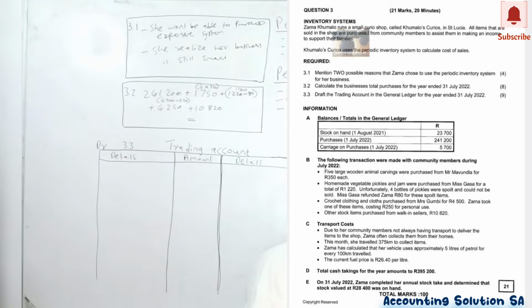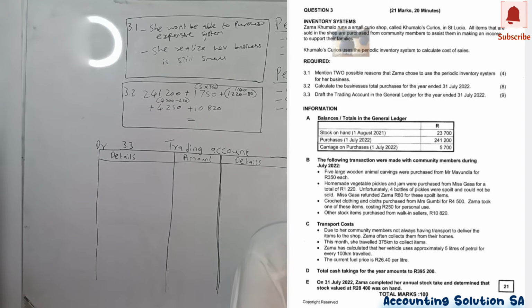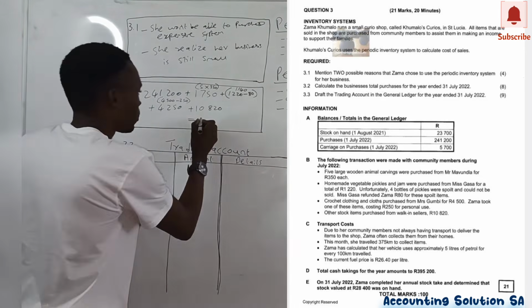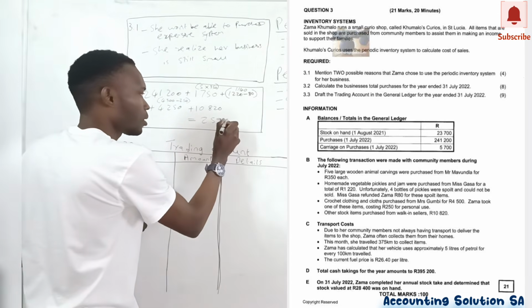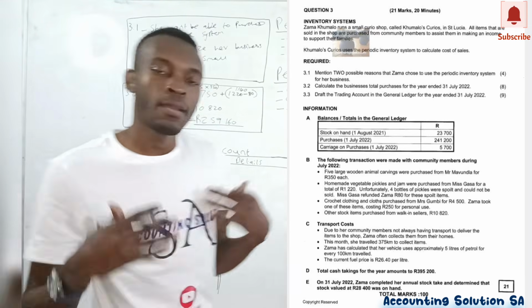Okay, if you can add even on your side, you will get an amount of, let's calculate, 241,200 plus 1,750 plus 1,140, and you also add an amount of 4,250 plus 10,820, which is going to give you an amount of 259,160. That's our total purchase.